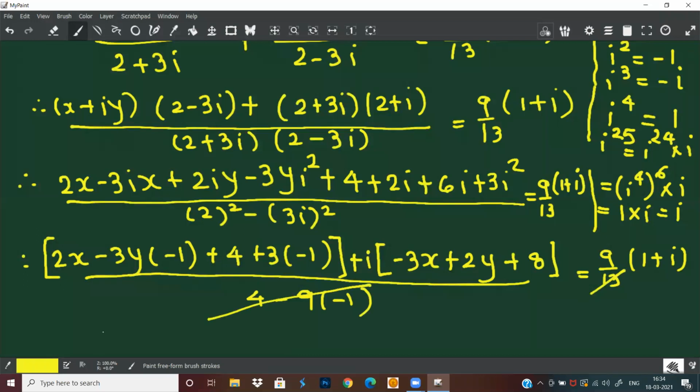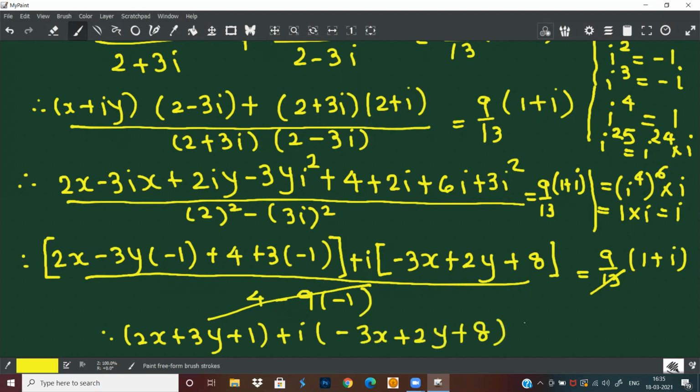So this becomes 2x plus 3y plus 1, plus i into minus 3x plus 2y plus 8, is equal to 9 plus 9i. So you will equate each with 9. The real part goes with the real part.